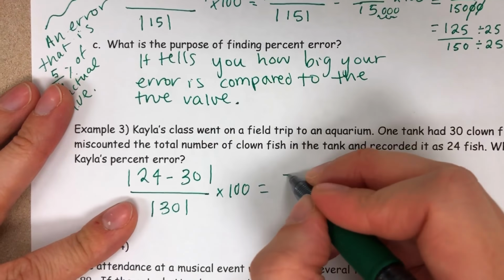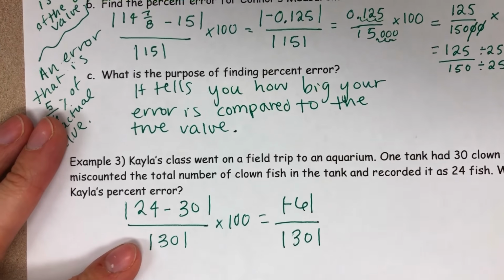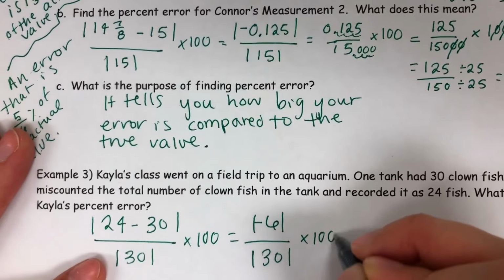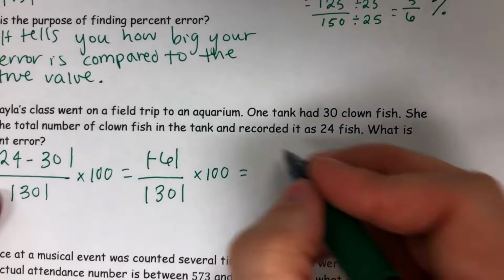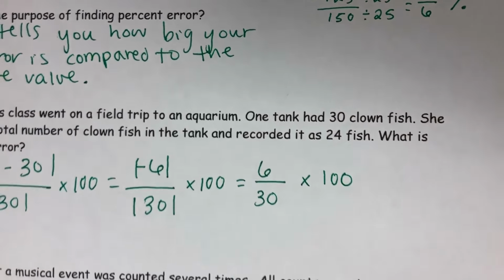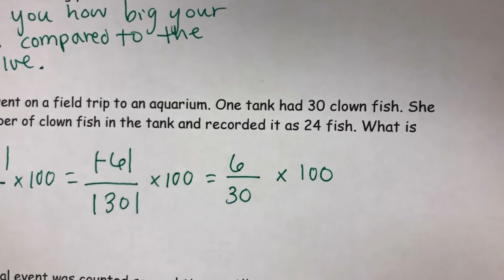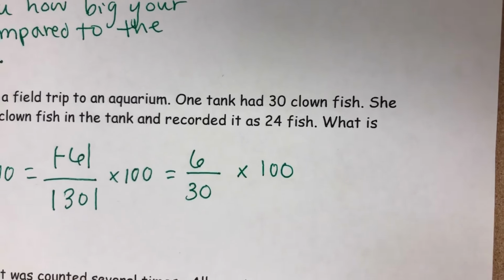24 minus 30 is a -6. The absolute value of -6 is 6 because it's 6 away from 0. And the absolute value of 30 is 30 because it's 30 away from 0, times 100.